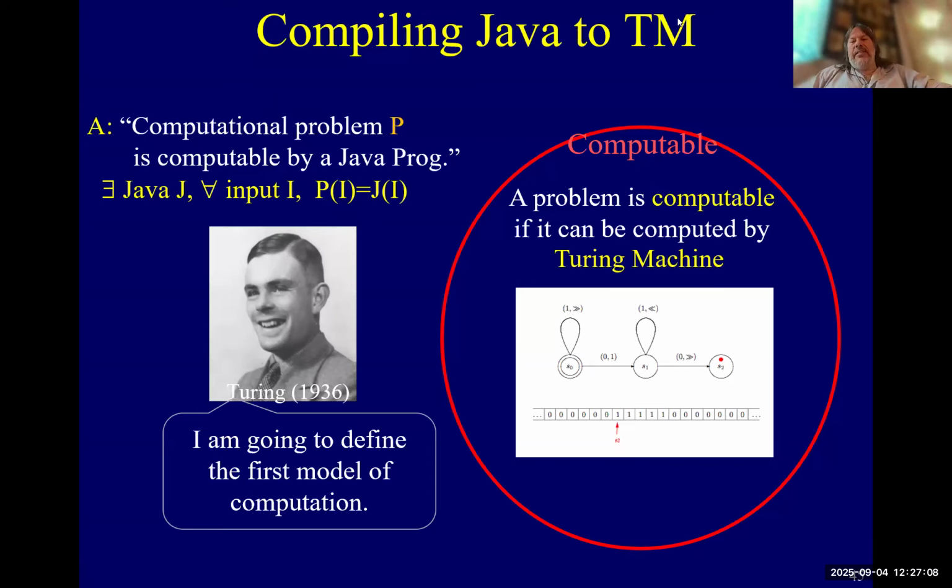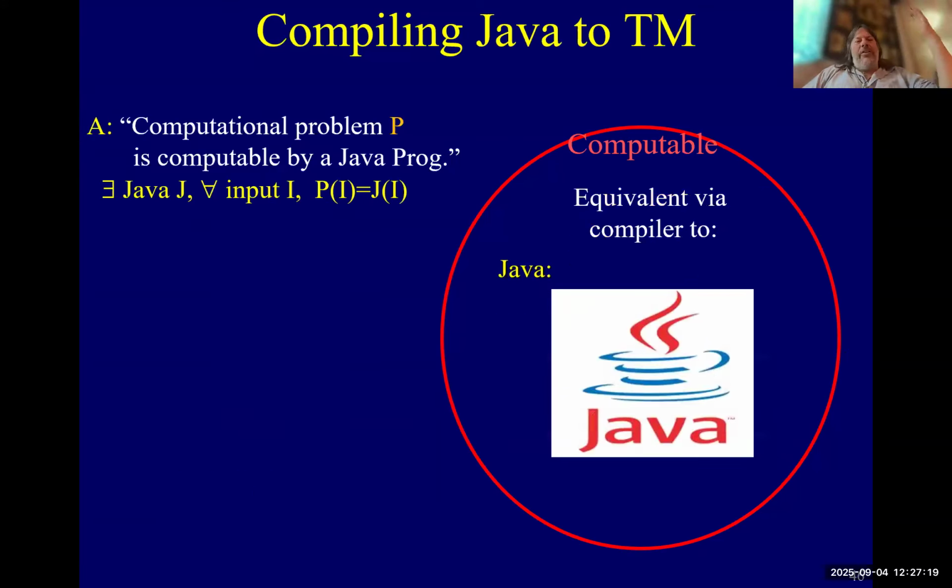So this red circle is the set of all computational problems P that have Turing machines that solve them, right? However, it turns out we could define computable to be those problems that have Java programs, and it turns out that the two definitions are equivalent.